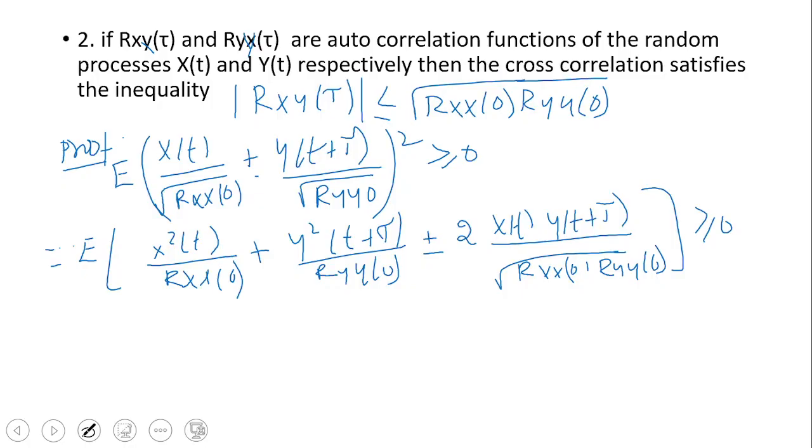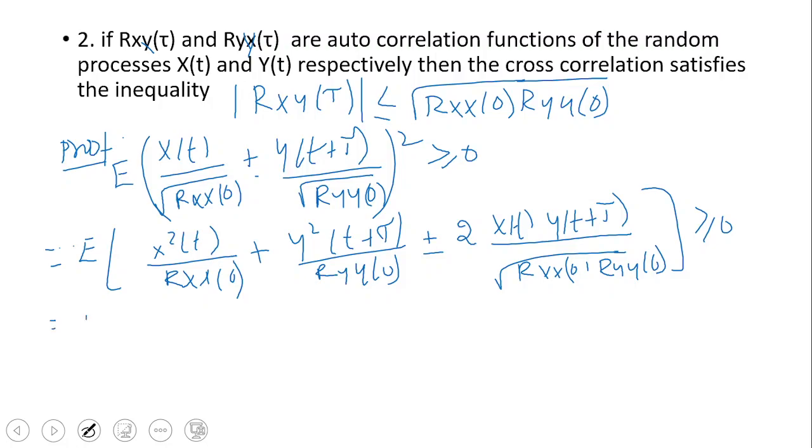Now you came to know why we are taking root of r x x of 0 and r y y of 0 here: because we are having r x x of 0 and r y y of 0 in the inequality. That's why we are taking the square root of r x x of 0 and r y y of 0 in the denominator.